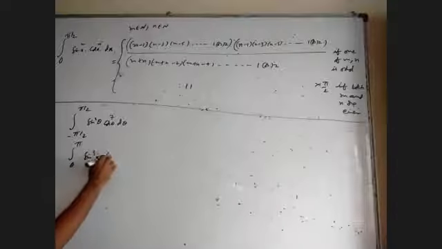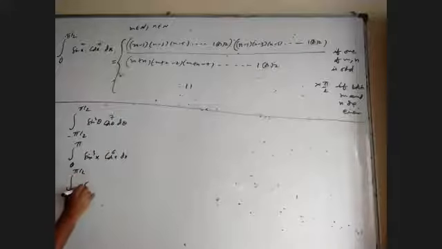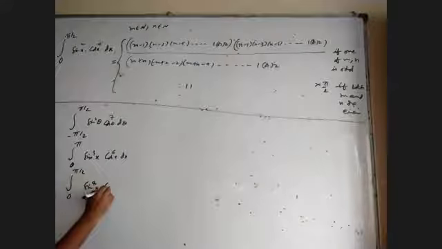Integral 0 to pi sin cube x cos power 6 x. Integral 0 to pi by 2 sin power 4 x cos power 4 x.